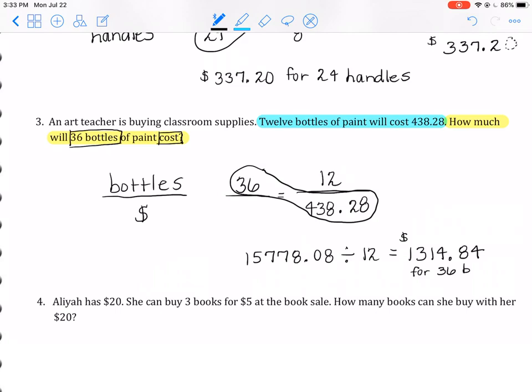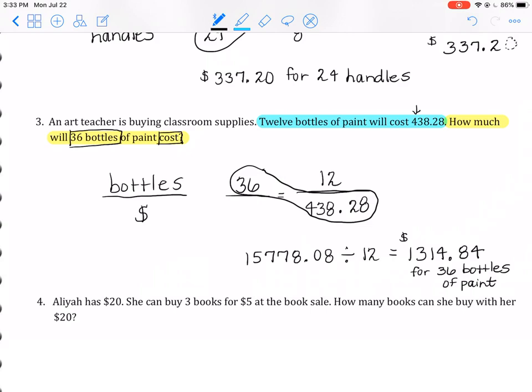Unless this is some extremely expensive paint. I bet I know what happened. On the keyboard, the dollar sign is above the 4, and I bet that's what happened right there. That was supposed to be a dollar sign. I don't know, but mathematically we can solve this. That's some very, very expensive paint.